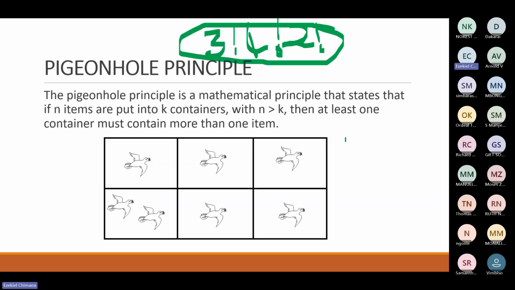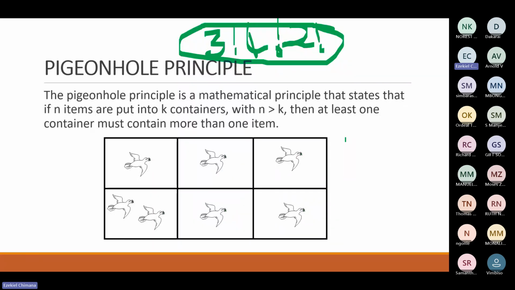I think it's self-explanatory. If you have 5 containers and you have maybe 7 pigeons that you want to put into the containers, taking that maybe we are going to spread them one each, it's self-explanatory that we are going to have a container which has more than one pigeon.